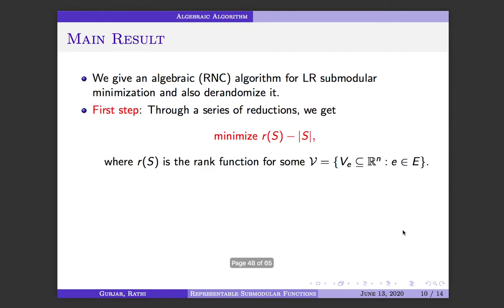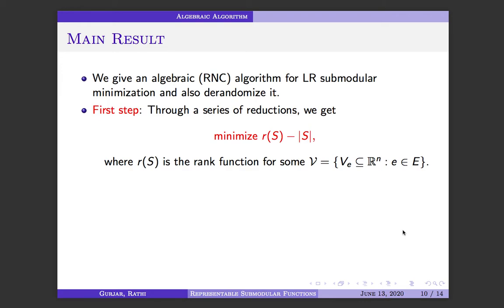First, through a series of reductions, we convert our minimization question to minimizing a simple submodular function, which is r of S minus cardinality of S. Here r is the rank function for some set of subspaces.